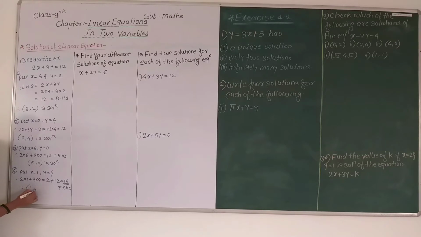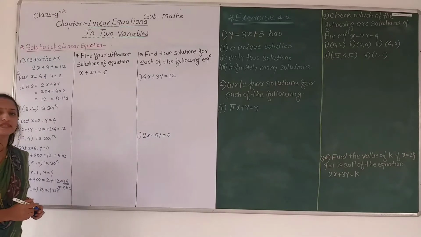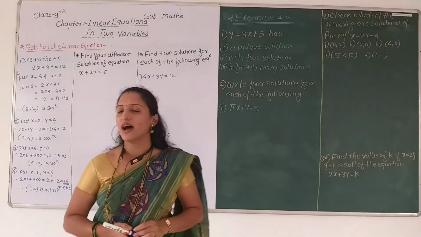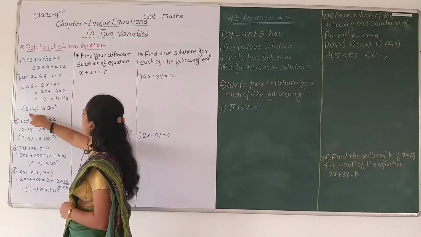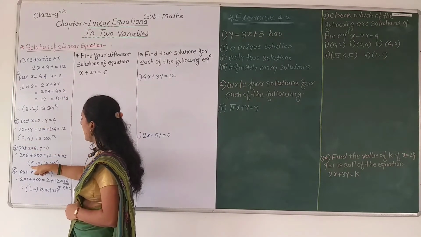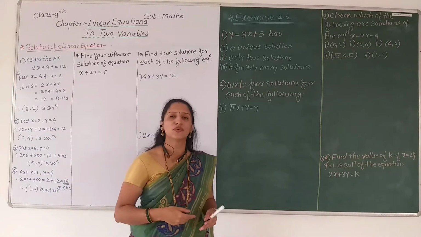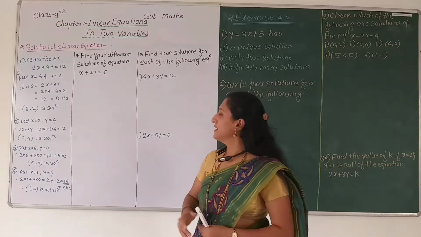That means (1, 4) is not a solution. Right? (1, 4) is not a solution since the values x is equal to 1 and y is equal to 4 do not satisfy this equation. So here we get (3, 2), (0, 4) and (6, 0) as the solutions of this equation.